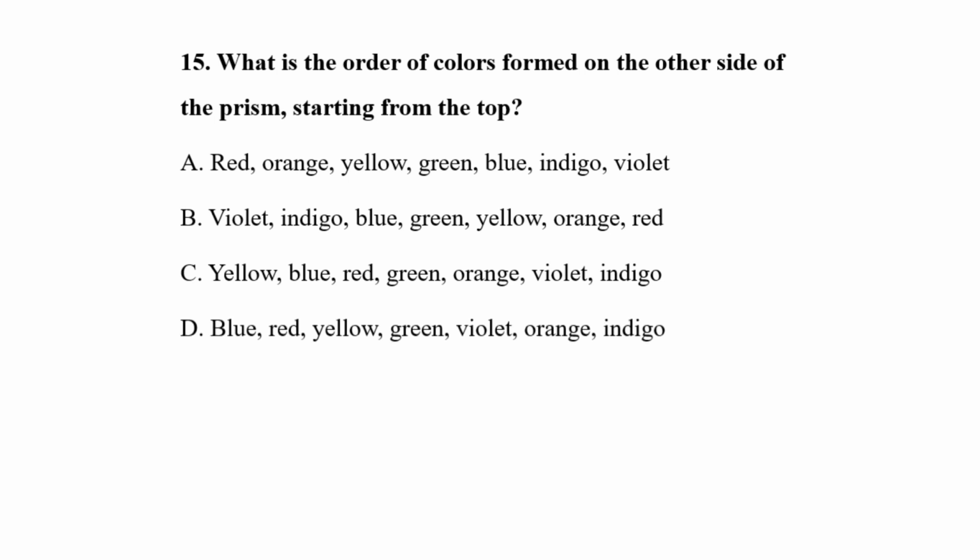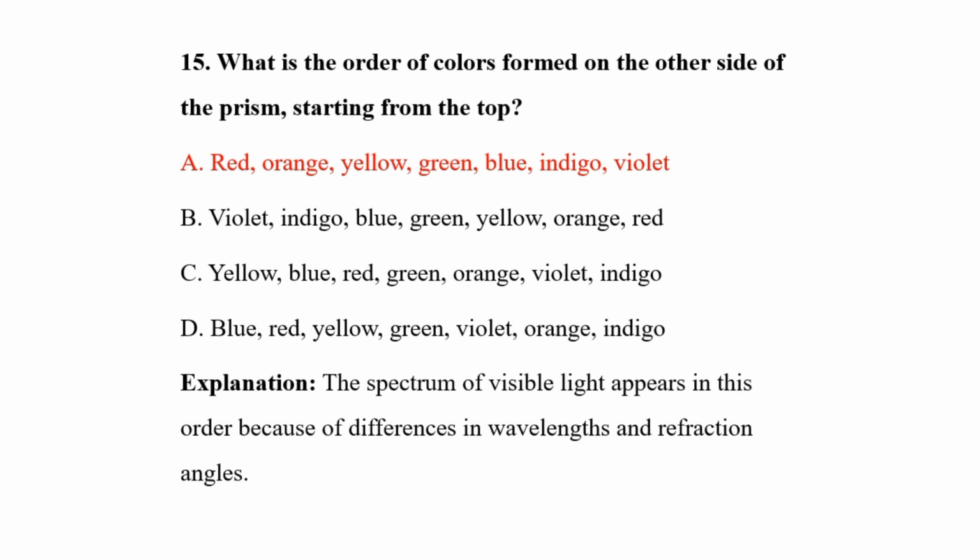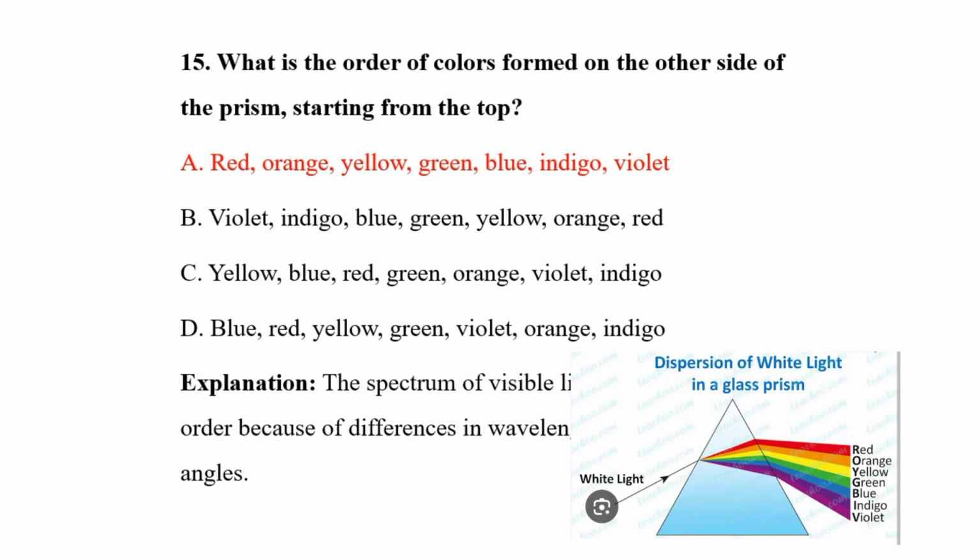D. Blue, red, yellow, green, violet, orange, indigo. The answer is red, orange, yellow, green, blue, indigo, and violet. The spectrum of visible light appears in this order because of differences in wavelengths and refraction angles.